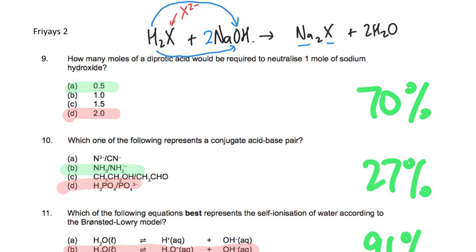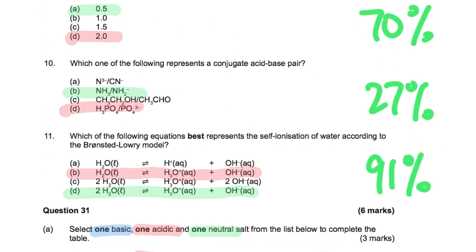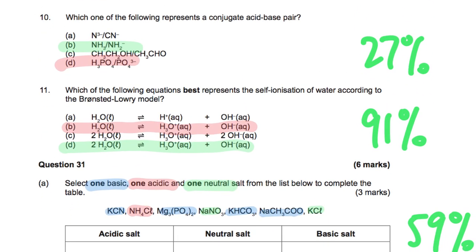The next one was the conjugate acid-base pair. This was done very, very poorly. The idea is that you need to remember that conjugate acid-base pairs only differ by 1 H plus. Many people picked H3PO4 and PO4 3 minus.